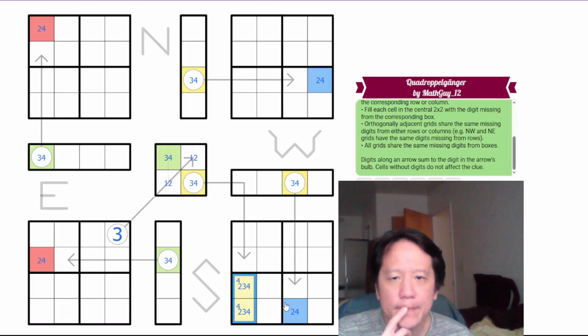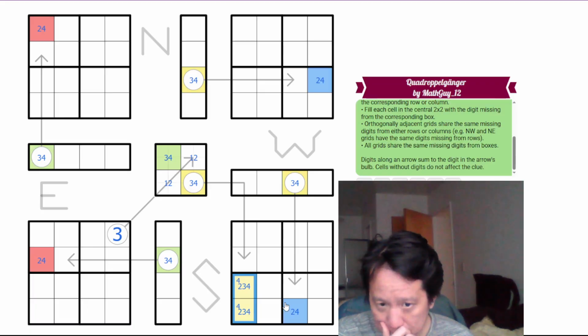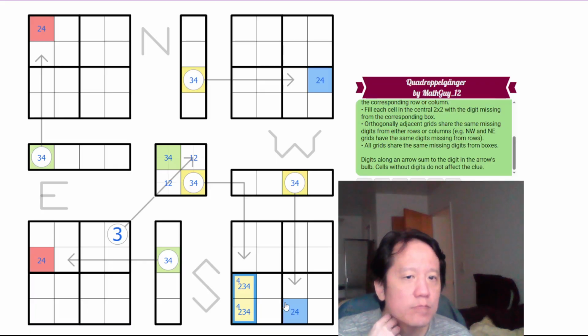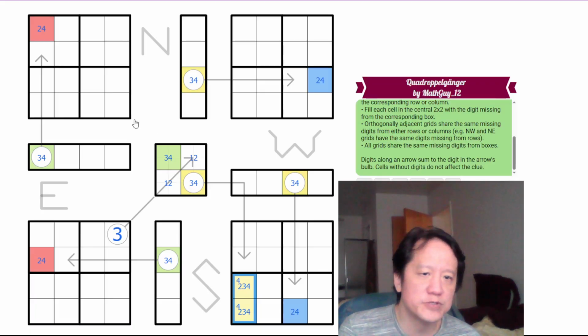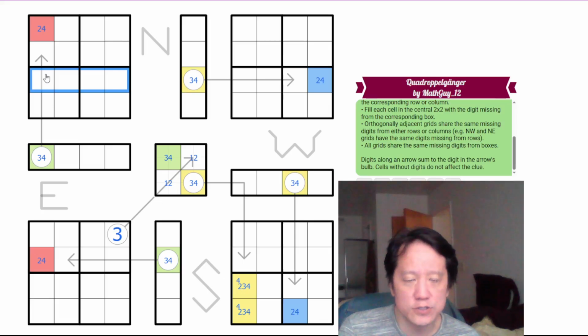Yellow is missing from one of these 4 digits.